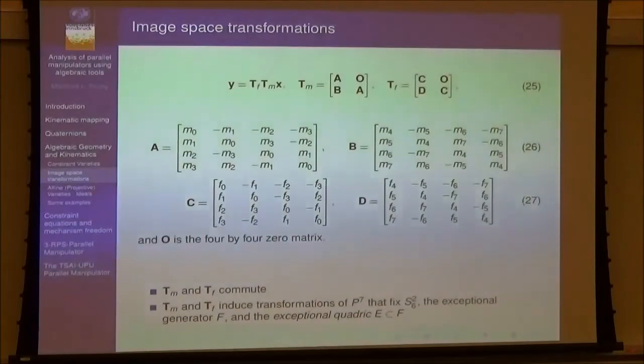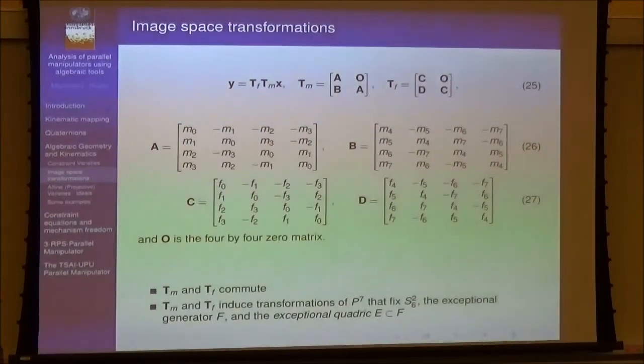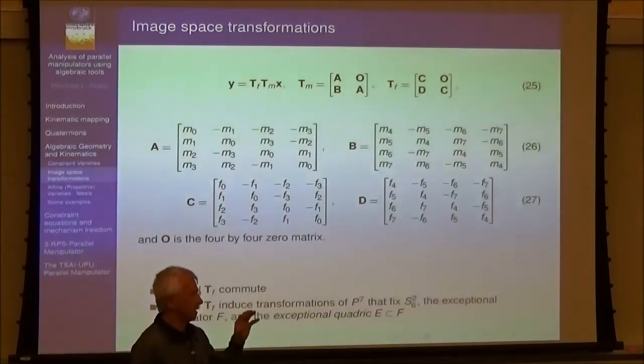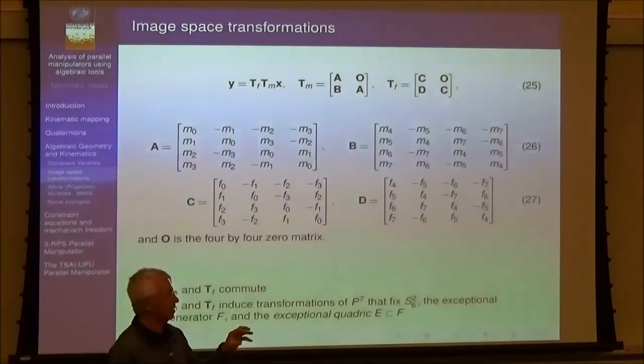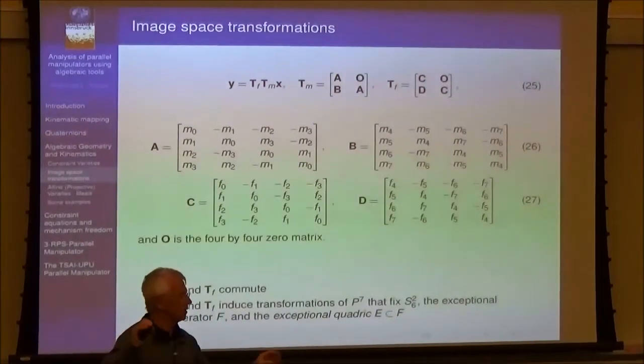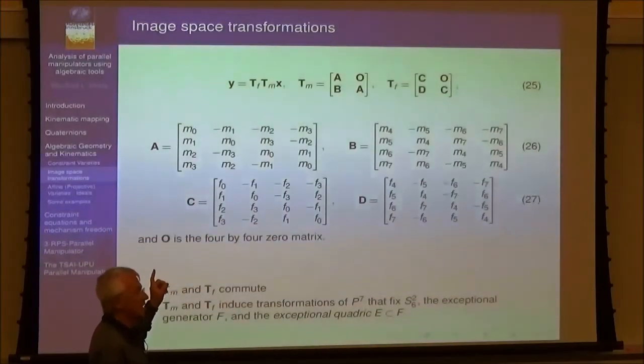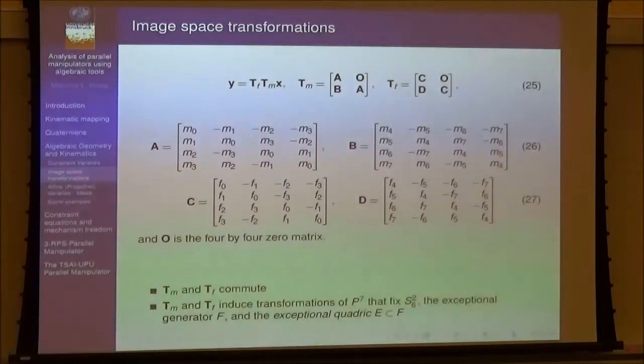This is an important information. It means the following. Find your constraint equations with a specially adapted coordinate system and do the transformation of moving and fixed coordinate system later on, because these are linear in the quaternions.